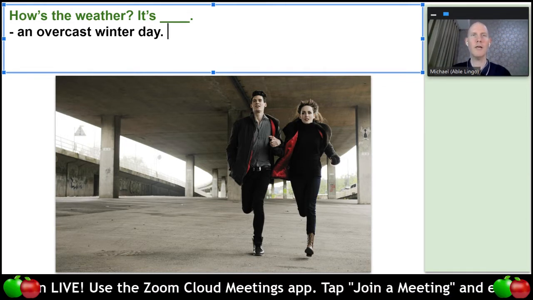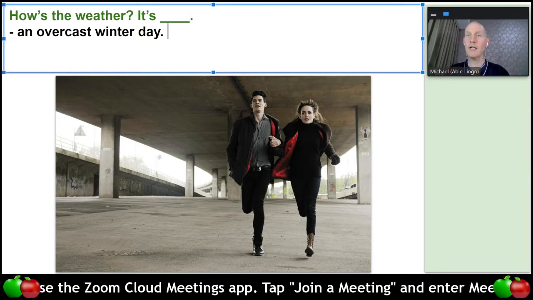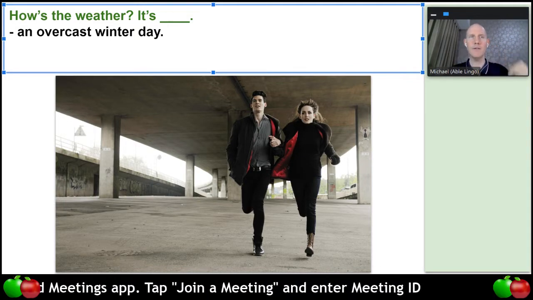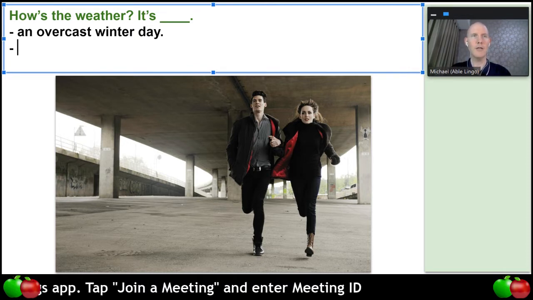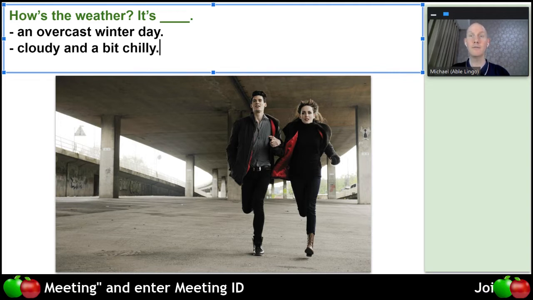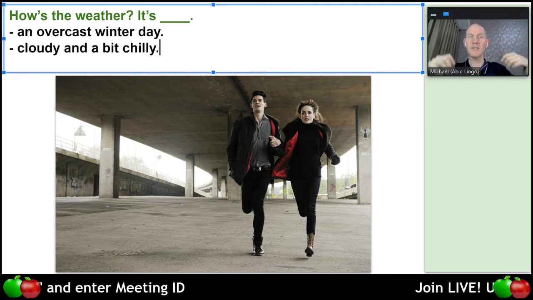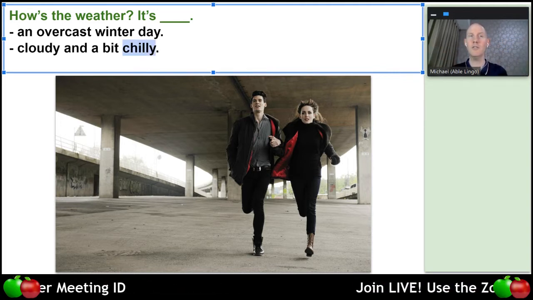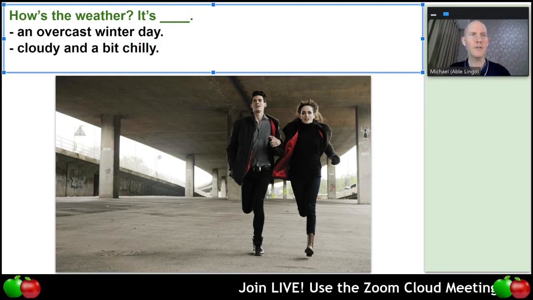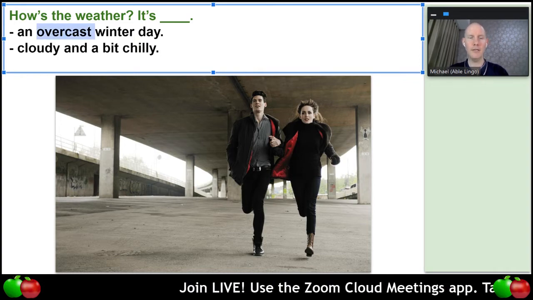Okay, so it's an overcast winter day. Garden says cloudy. Yes, if we say cloudy, we could add that as well. It's cloudy and a bit chilly. They have like coats and stuff on, so maybe it's a little bit chilly. Chilly just means like a little bit cold, right? All right. So overcast is a good word.